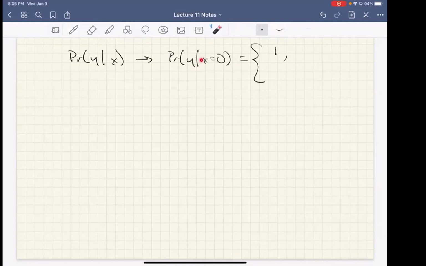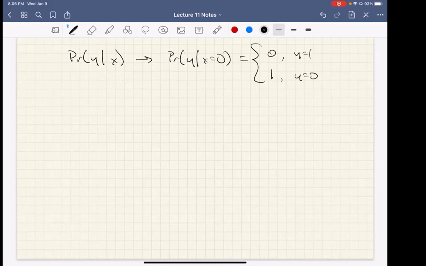In this particular version of the universe, there are 0 molecules ever. There are no molecules available because none are transmitted. X is 0. The probability that Y is 1 is 0. The probability that Y is 0 is 1. So in other words, we're guaranteed that if we send nothing, we receive nothing with probability 1.